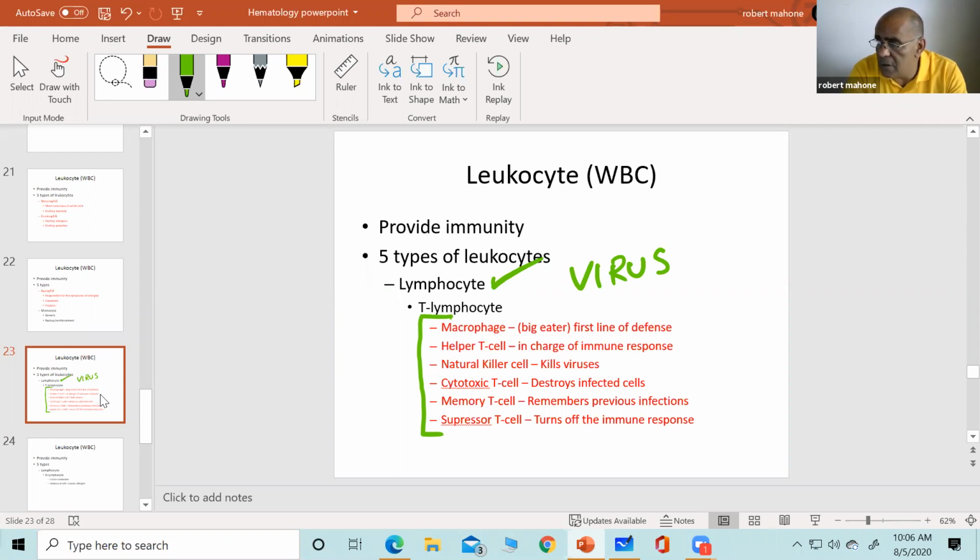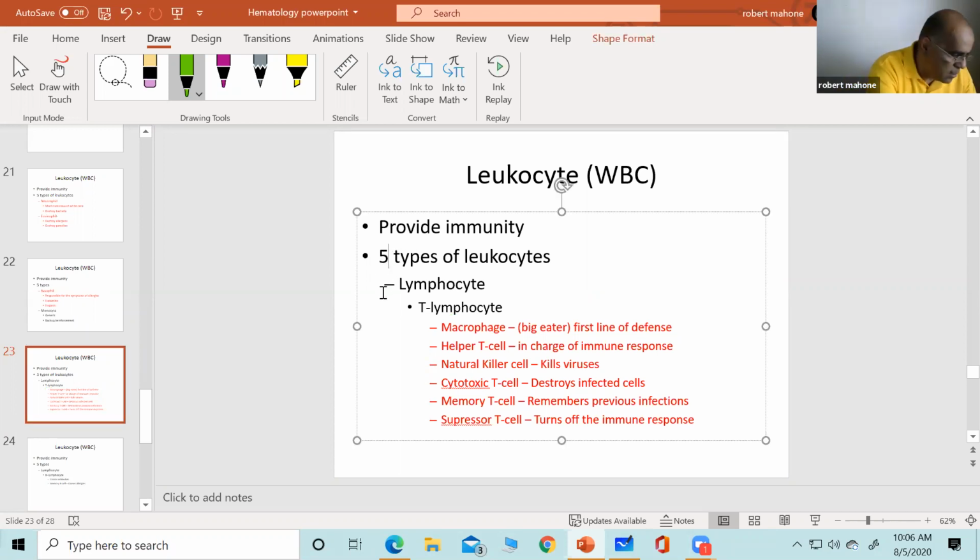Now there are, it shouldn't read that way. I need to change this. There are 2 types of lymphocytes.